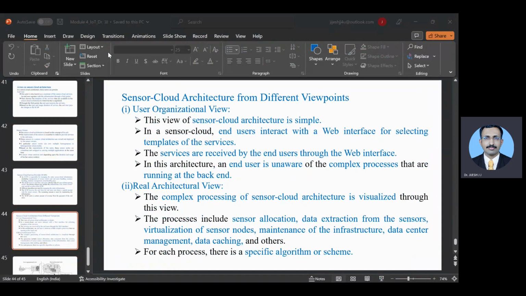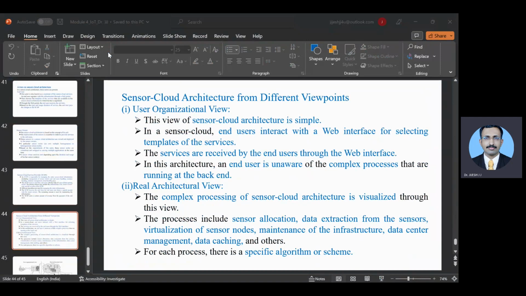For example, when you are a user, you will see the entire process in a different view. When you are one of the members developing it or managing it, your viewpoint will be different. For example, when you go to a hotel, your viewpoint will be different from the hotel owner and the people who are working inside the hotel.